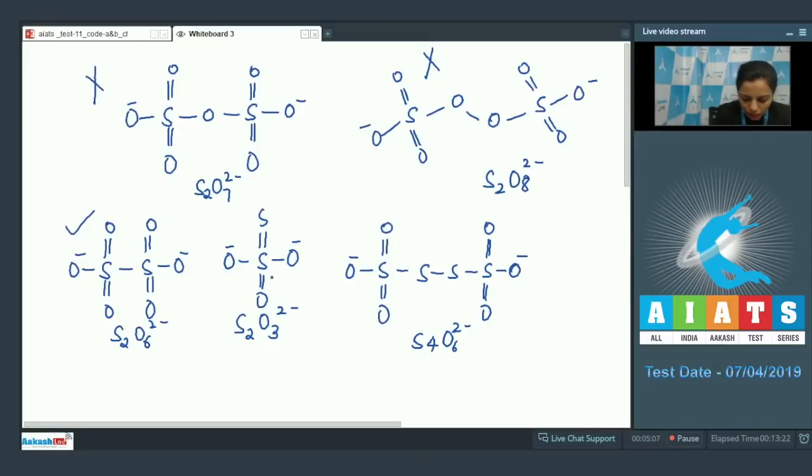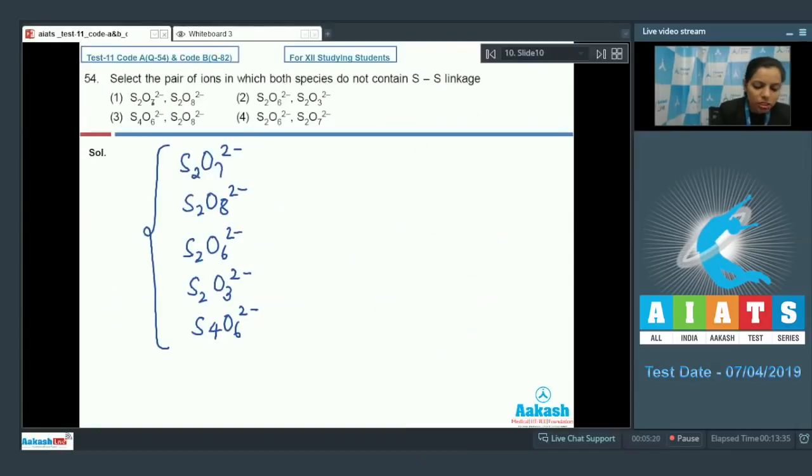In S2O3 2 negative, there is also a sulfur-sulfur linkage. Further, in S4O6 2 negative also there is a sulfur-sulfur linkage. It means these two species are present in option 1. That's why I'll choose option 1 as my correct answer. I hope this question is clear to you.